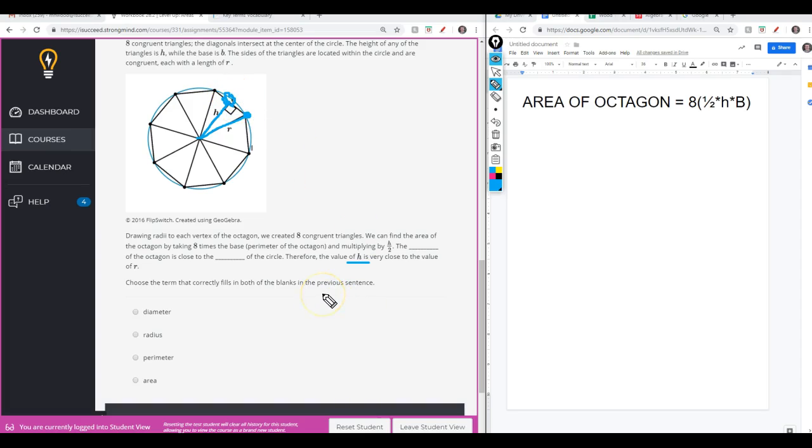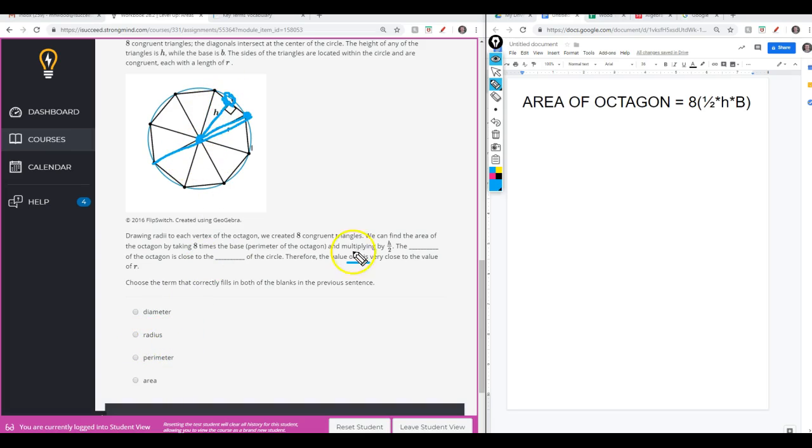So now we are just going to compare what this is. So it could be the diameter of the octagon is close to the diameter of the circle. Diameters really only happen in circles because they go through this center point, not towards an octagon.